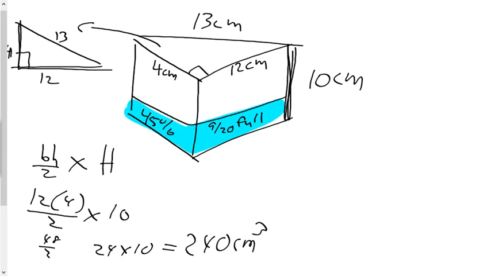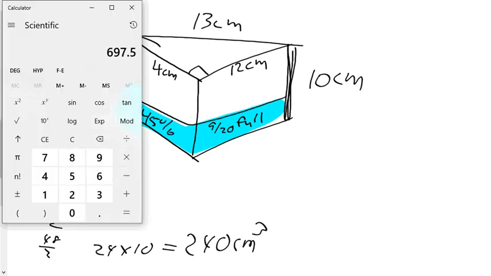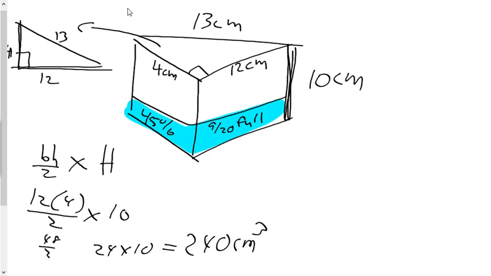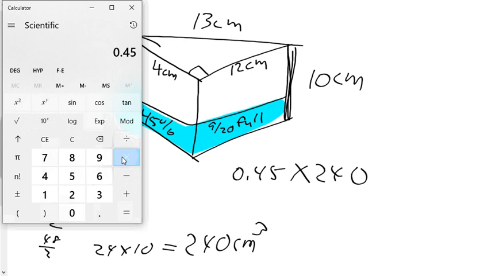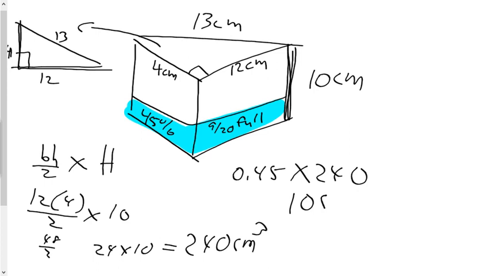All you had to do was take 9/20, so 9 divided by 20 to change that fraction to a decimal. 0.45 is 45%, so it's 45% full. 45% of 240 cubic centimeters is what your question should be. Grab your calculator. 45% of the full volume is 108 milliliters of water. And that's all you had to do.